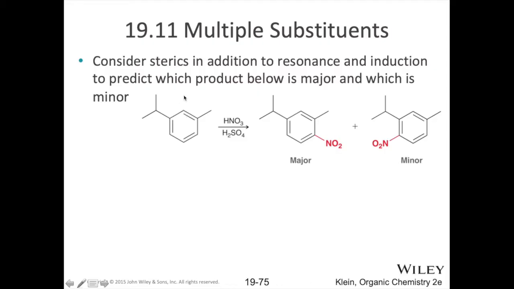Well, that one's flat out, right? There you've got steric hindrance with both groups. Here you have steric hindrance with this bulkier group. So it makes sense that having the nitro group over here at this position that's ortho to this methyl group and para to the larger, bulkier group is your major product. Whereas over here on the other side it's the minor product.